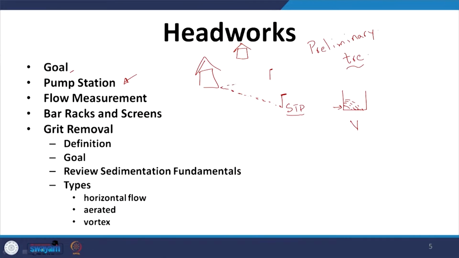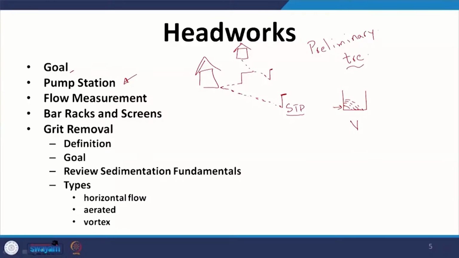You can try to have pumping stations so that this sewage joins here and ends up at my STP, but pumping stations for wastewater treatment are not a sustainable solution in the long term, for bringing up the sewage from one network to the other that is at a higher height.